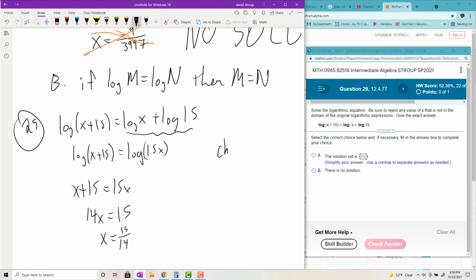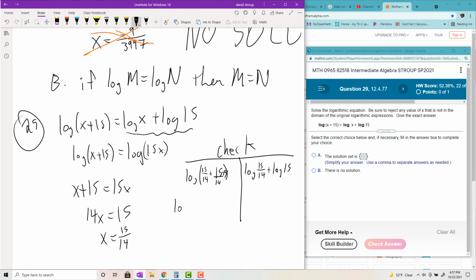Okay, got to do a check. On the left, you've got log of 15 over 14 plus 15. On the right, you've got log of 15 over 14 plus log of 15. No negative issues going on here. On the left, I've got to find a common denominator, so I multiply by 14.